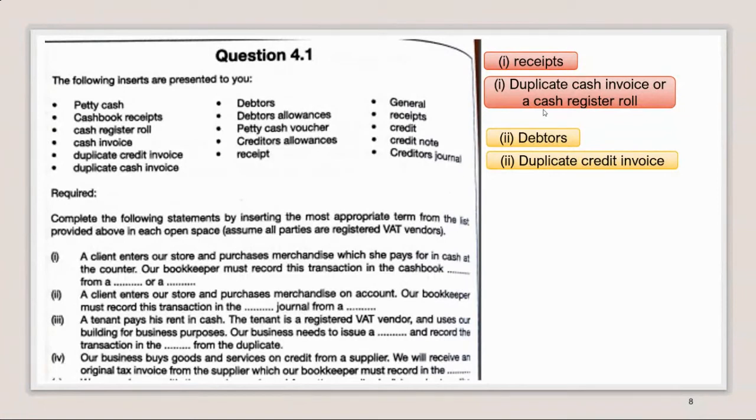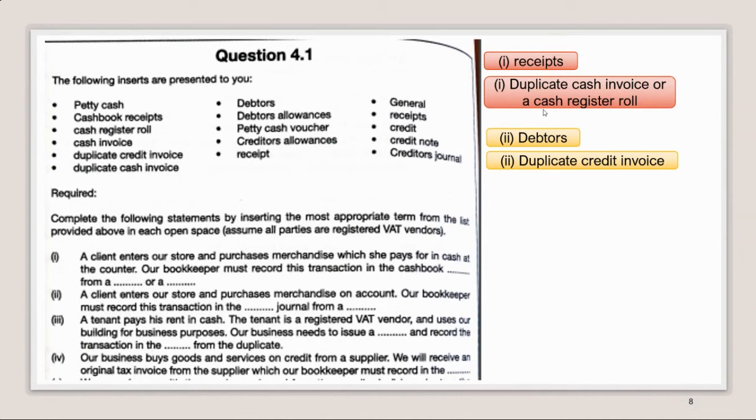In a test, we would mark it right if you wrote invoice or credit invoice. But if they ask you specifically to indicate if it's a duplicate or original, the rule of thumb is if I gave the document, it would be a duplicate. If I received the document, it would be original. That's how you remember it.